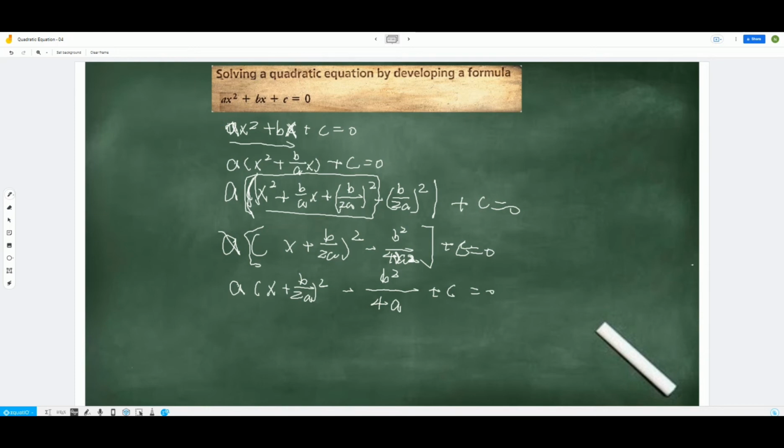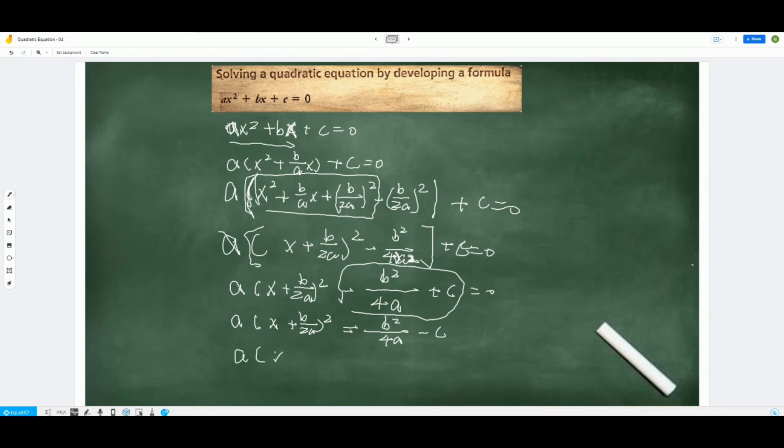So we continue: a times (x plus b over 2a) squared. We move this value to the right side. We get b squared over 4a, and because it's negative, moving it to this side it should be positive, minus c.